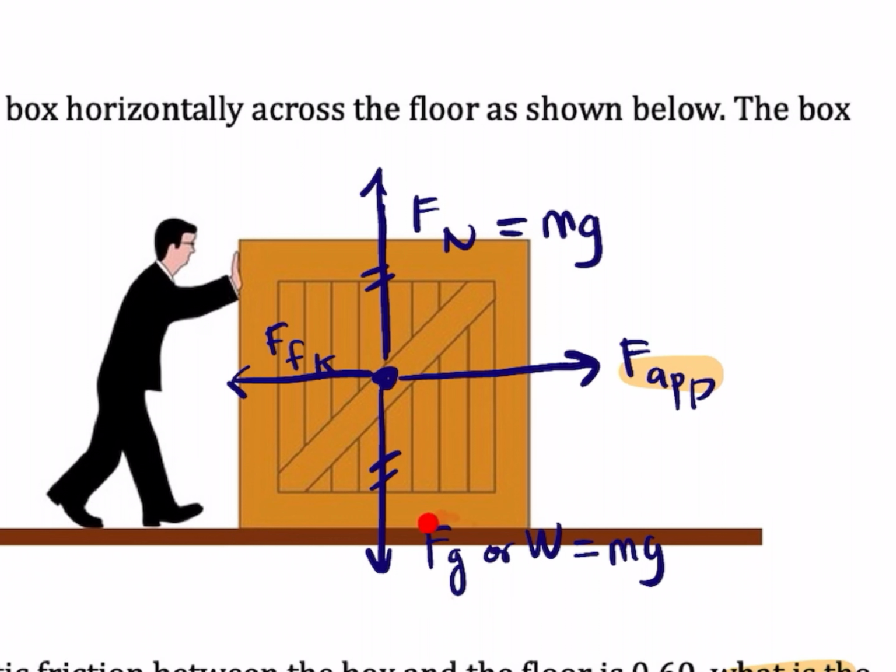If the force of gravity, or the weight of the object, is equal to mg, then the normal force is also equal to mg. So once again, when the object is on a flat surface, the normal force is just equal to the weight of the object, which is equal to mg.